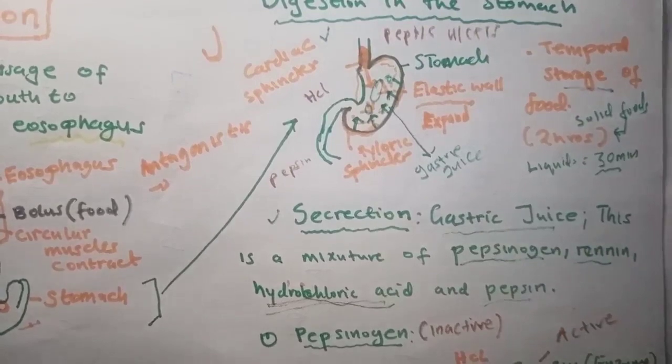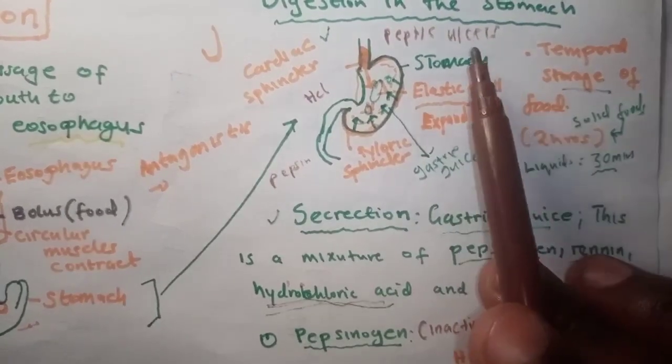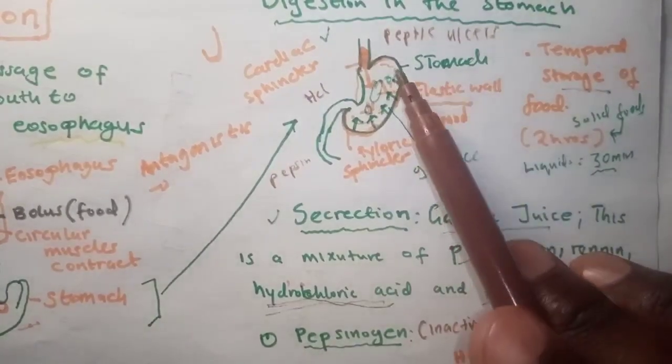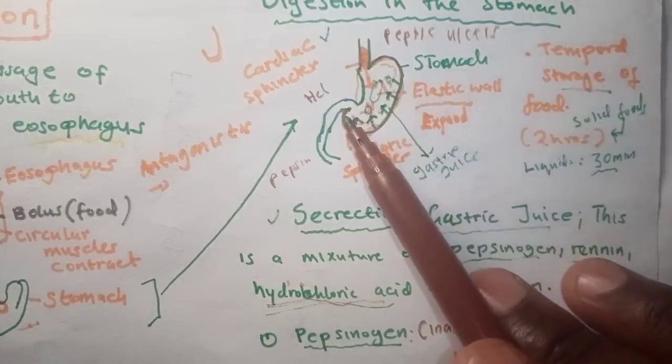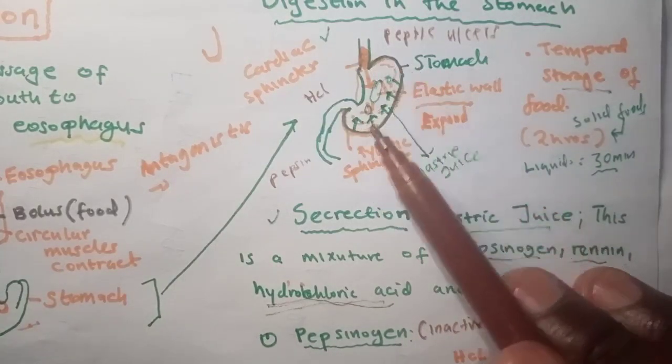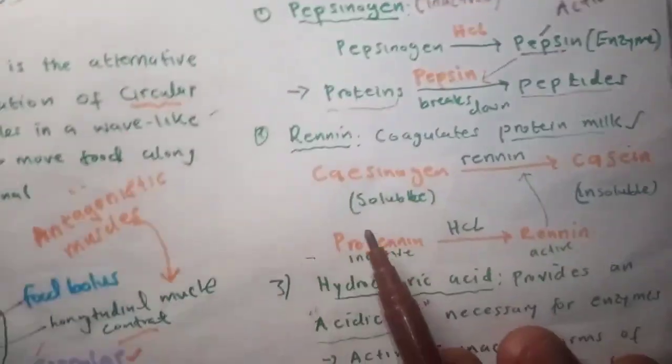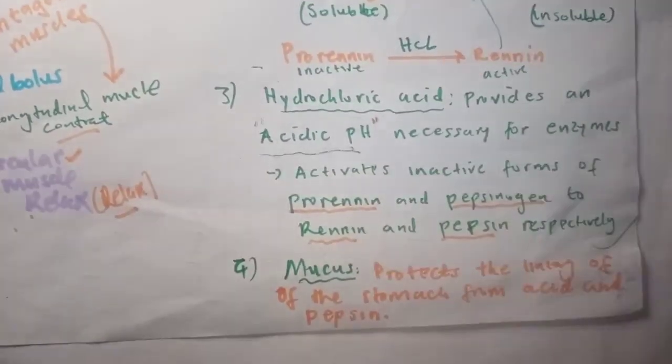To prevent this from happening, mucus forms a barrier along the stomach walls. Mucus protects the lining of the stomach from acid and pepsin.